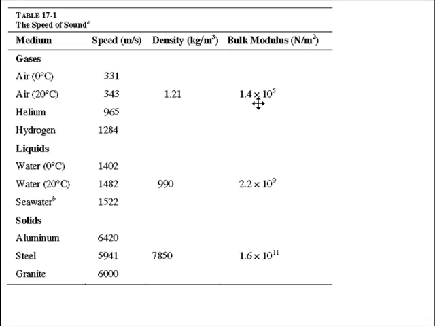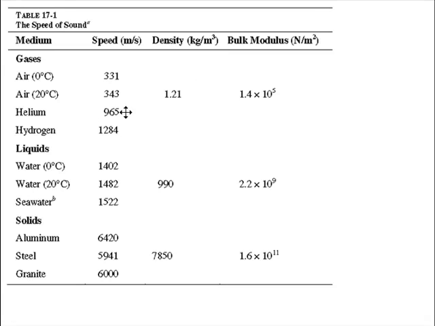If we combine that, take the bulk modulus, divide it by the density, and take the square root, then we find that at room temperature, 20 degrees Celsius, the speed of sound is essentially 343 meters per second. The speed is a little bit less at lower temperature because the gas tends to be a little more dense for a given bulk modulus or a little less springy for a given density.